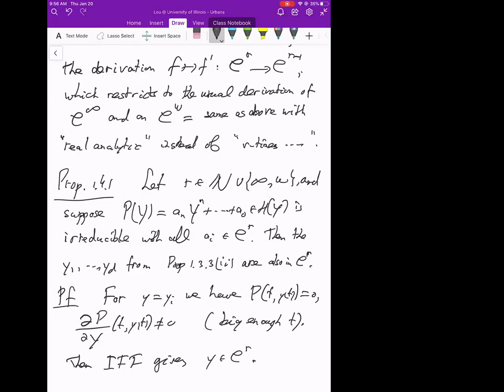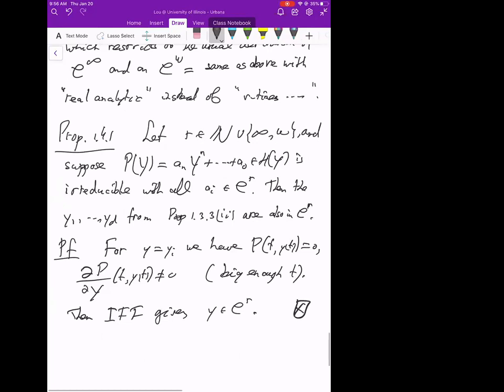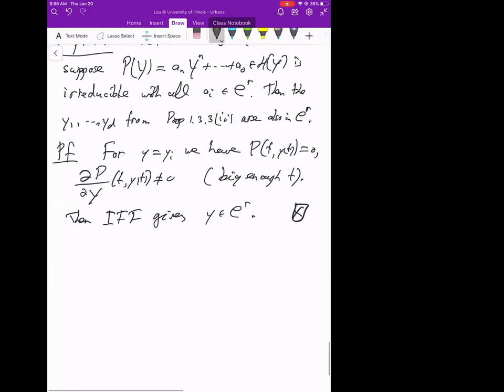Right, so this is my abbreviation for the implicit function theorem. And this implicit function theorem is true in all these classes C^R and C omega and C infinity. Okay, if there are any questions, let me know. But this has a corollary that will be useful in the Hardy field setting also for R as above.